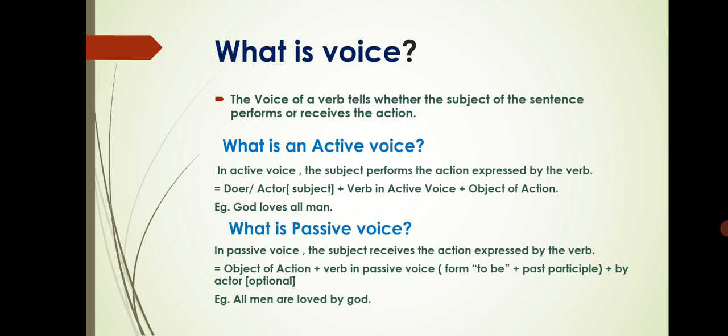The formula is like this: object of action plus verb in passive voice, means form of to be plus past participle, plus by actor. Here, in some sentences, you can leave it out, as it is optional. Now we'll see this formula through the given example. For example, all men are loved by God.